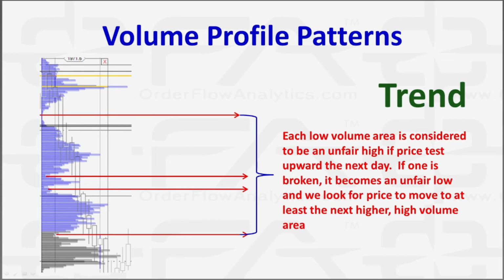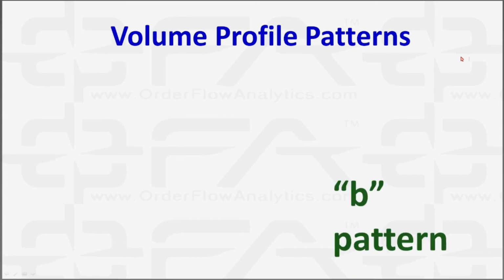Is it high? Is it low? That starts to tell me something about the overall market. So I'm not just looking at the high volume areas. I'm looking to see what is happening with price around those high volume areas and where value is relative to them. And I'll go through that as we get into the next couple of days.